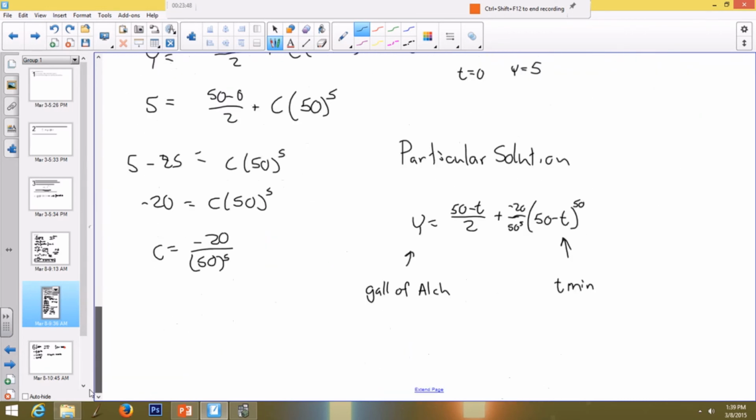Well, after all that work, all we have to do is go y equals (50 minus 10) all over 2 plus negative 20 over 50 to the fifth. And this should be a 5 as well. I know some of you were writing me notes already.